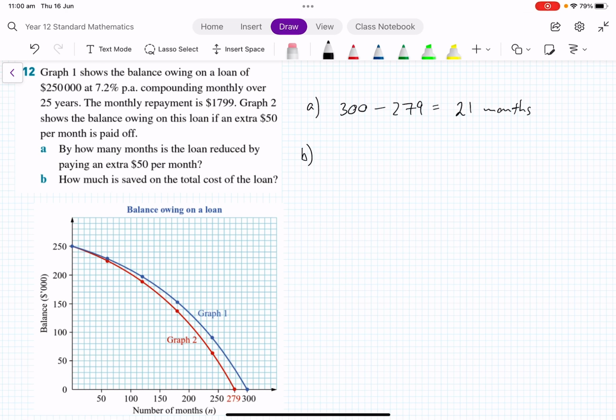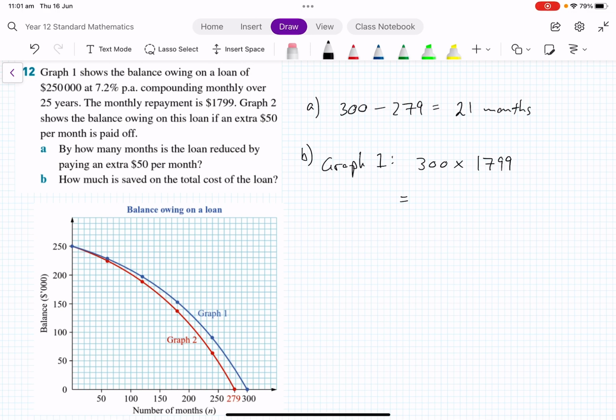How much is saved on the total cost of the loan? Now, this is where we need to do a little bit of calculation. For graph 1, it's 300 months times the monthly repayment of 1,799. That's how much I would pay if I stick with that schedule of payments.